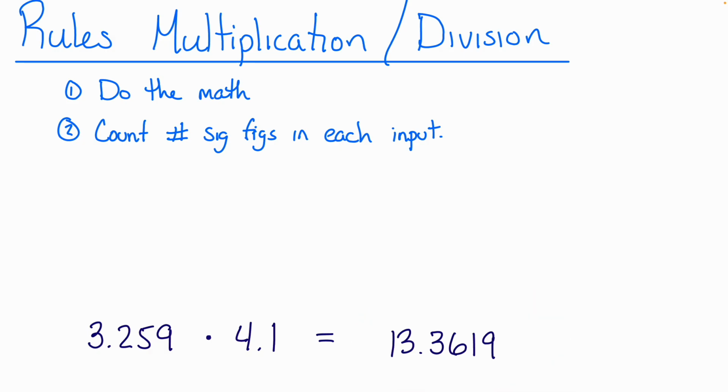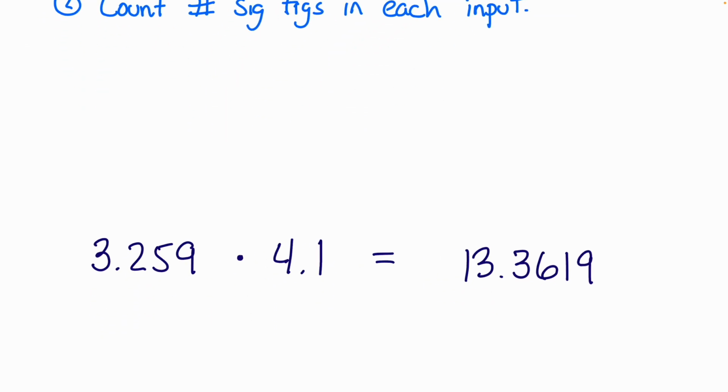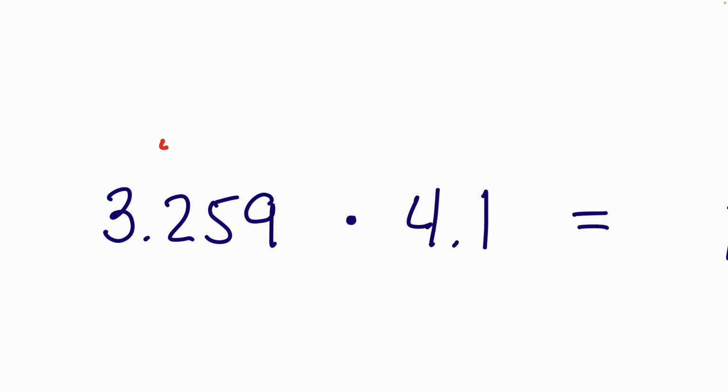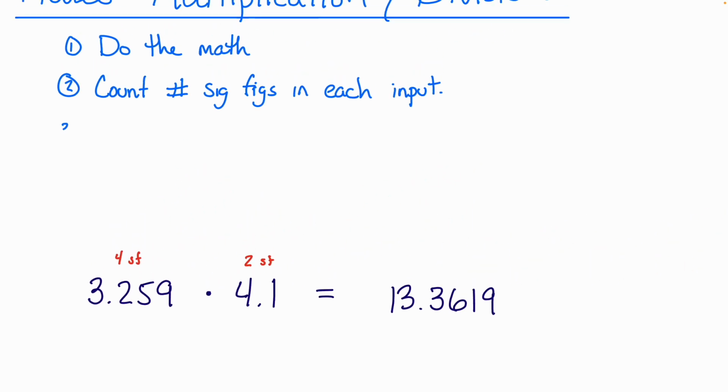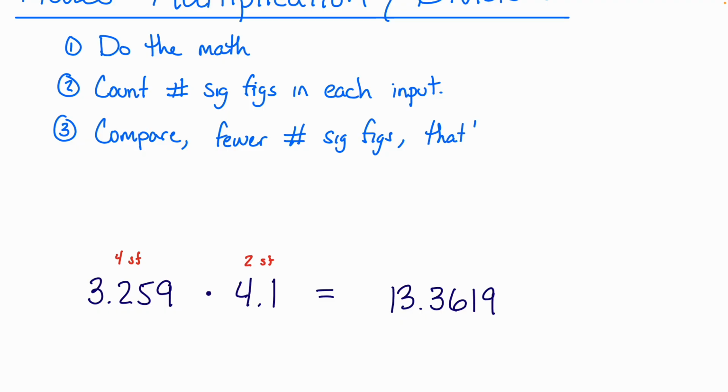So I'm concerned with what my input sig figs are. So that 3.259 has how many sig figs? 4 sig figs. And what about 4.1? 2 sig figs. All right, so I'm going to compare these numbers. Whichever input has the fewer number of sig figs, that's how many we're going to round our answer to.